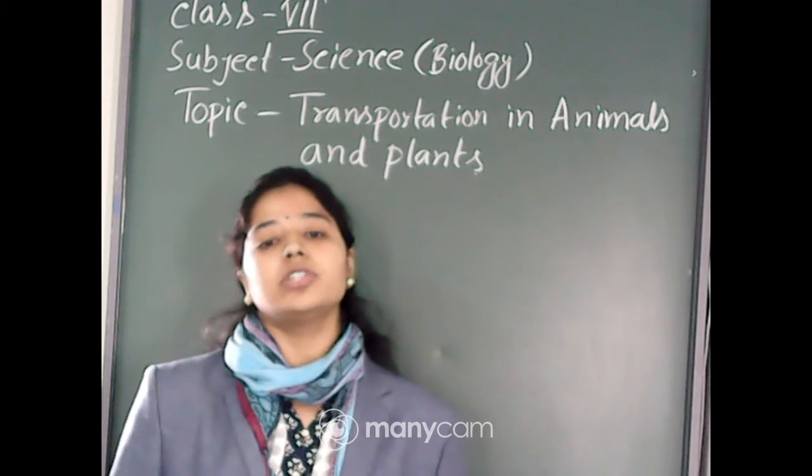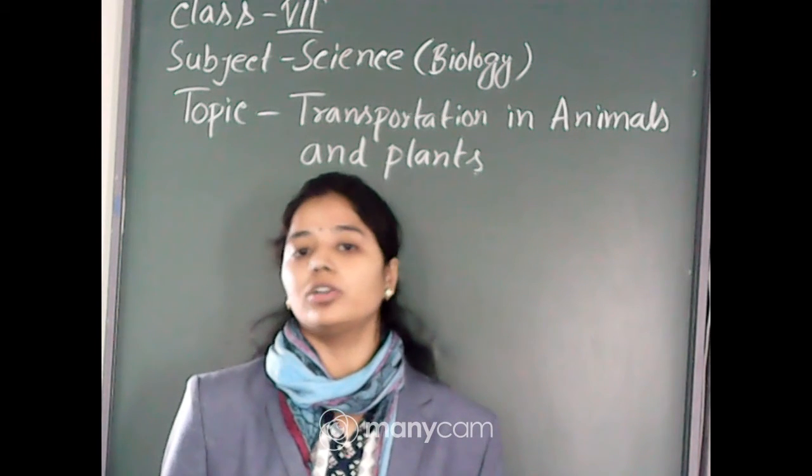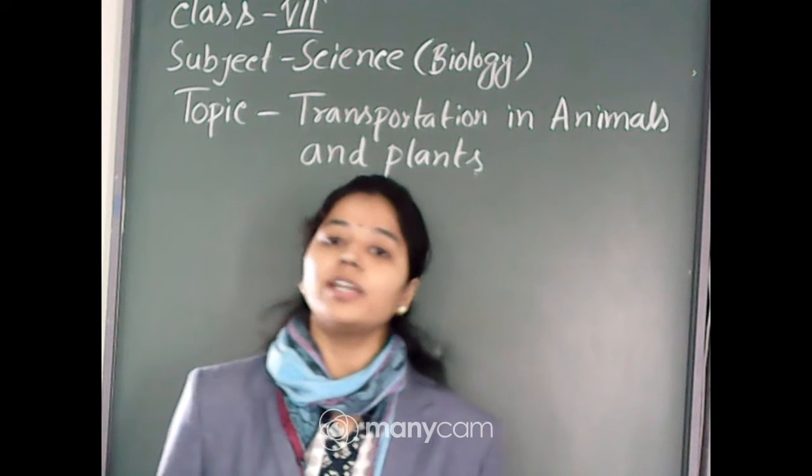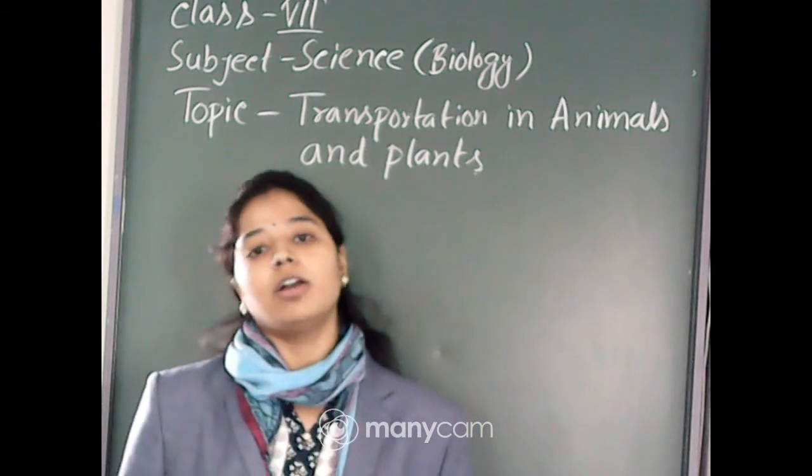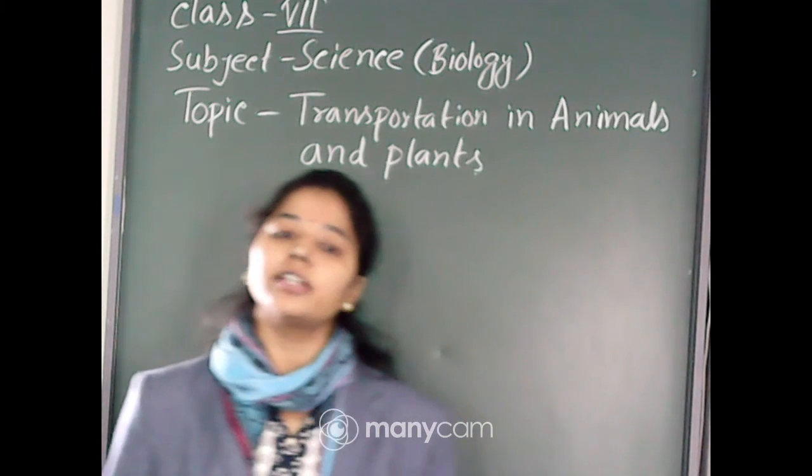And the function of veins is to carry deoxygenated blood, but there is also an exception in the case of veins. There is a type of vein called the pulmonary vein that carries oxygenated blood.